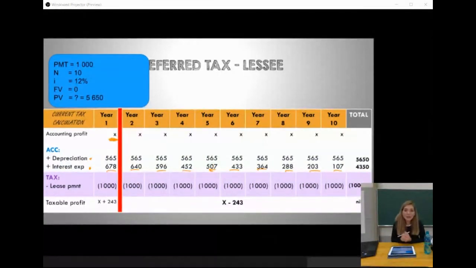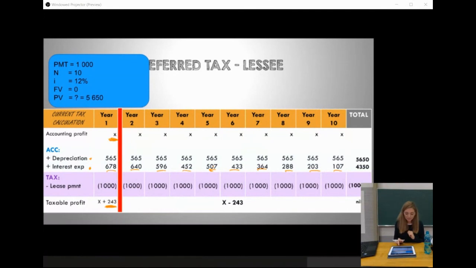So at the end of year 1, what effectively happened was that we had to pay more tax. These temporary differences in the current year resulted in us having to pay tax on a bigger amount than just the normal accounting profit.